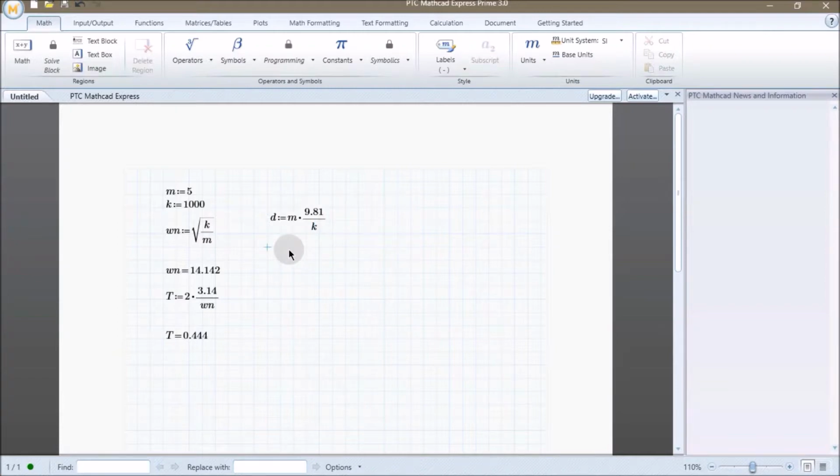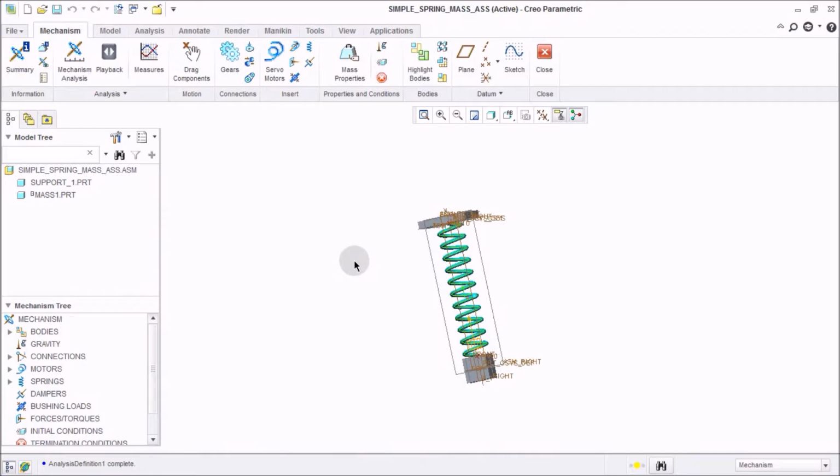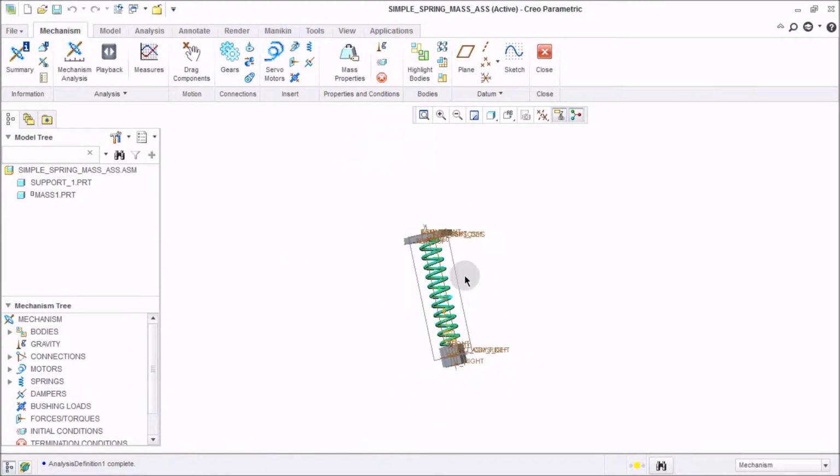So the static deflection in meters will be 0.049. To convert it into mm we multiply by 1000, so the static deflection is 49.05 mm as per our analytical method.